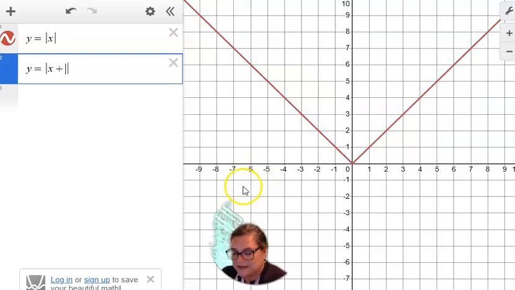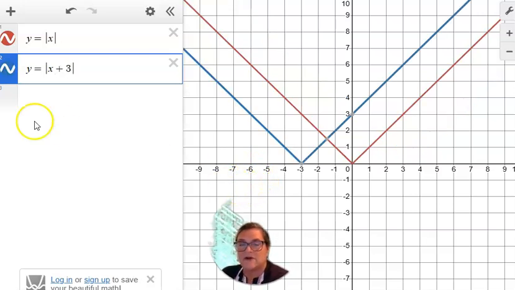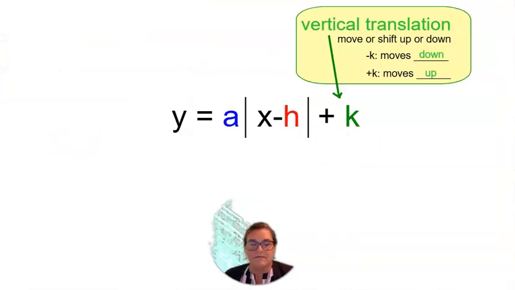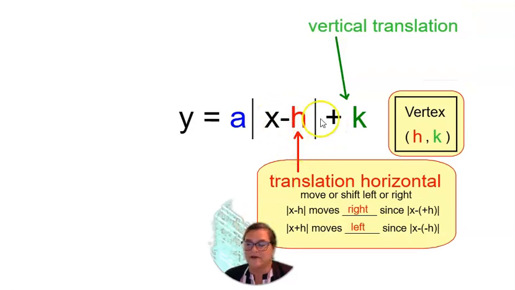If instead of subtracting, we add, so absolute value of the quantity x plus 3, that's going to shift our vertex 1, 2, 3 units to the left. And so we see that the h value affects the horizontal translation. It's going to move the graph to the left or the right.